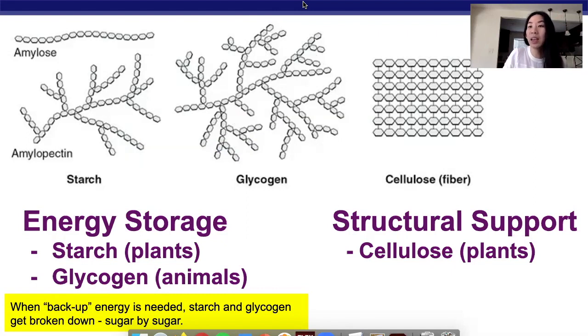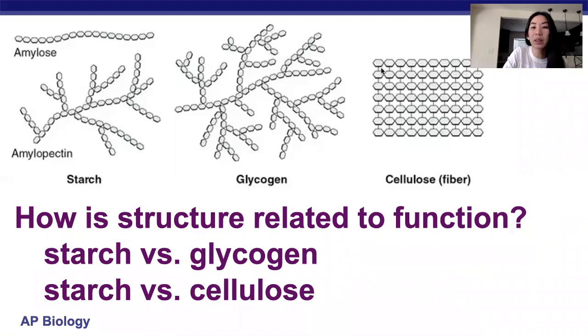Yes, they still have this backup energy storage, but they don't need to break off as many sugars all at once versus animals might. So that is one thing for how structure is related to function. So starch versus glycogen, the branching would be related to the function. Plants don't need as much quick energy versus animals.